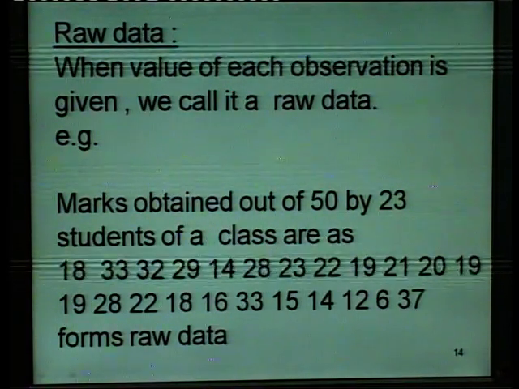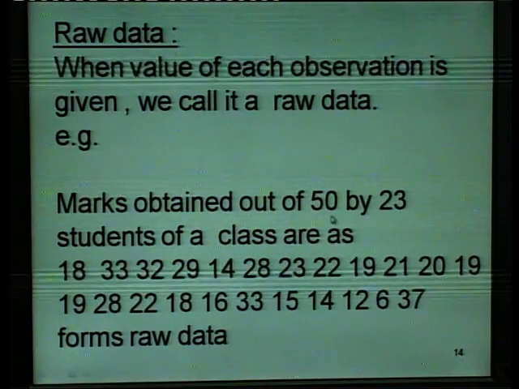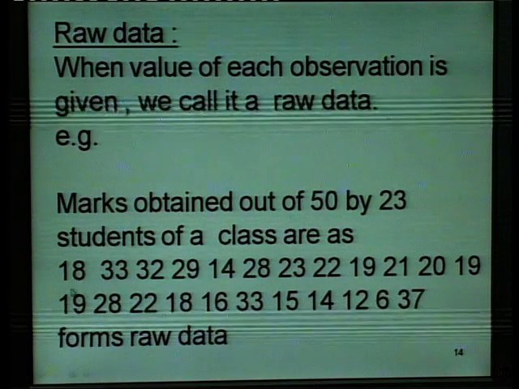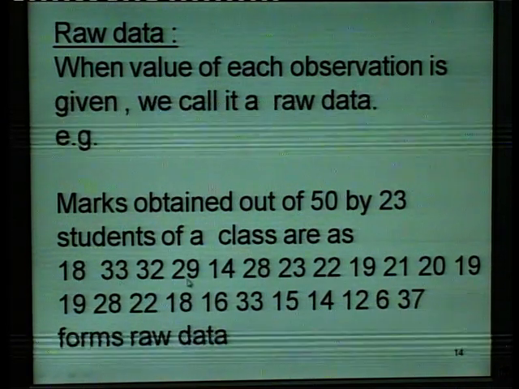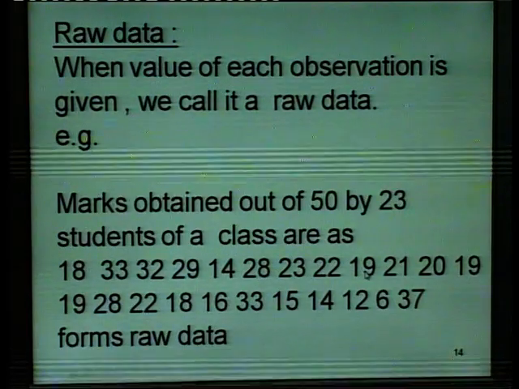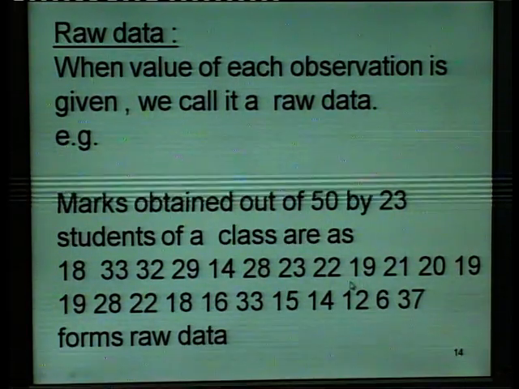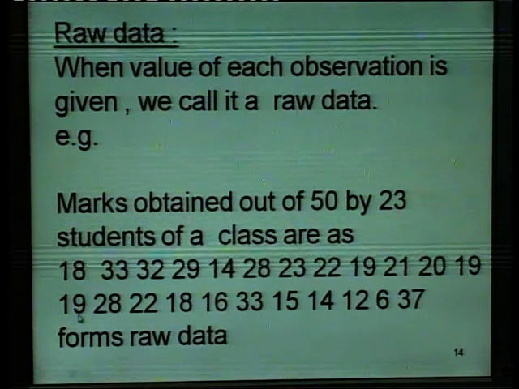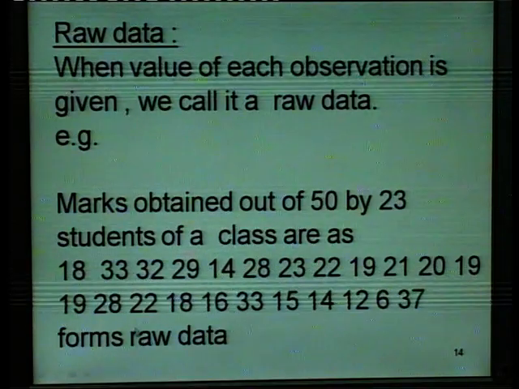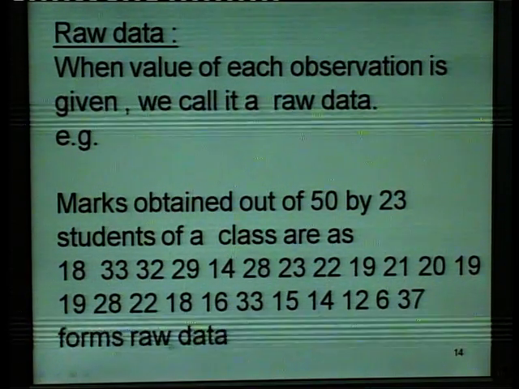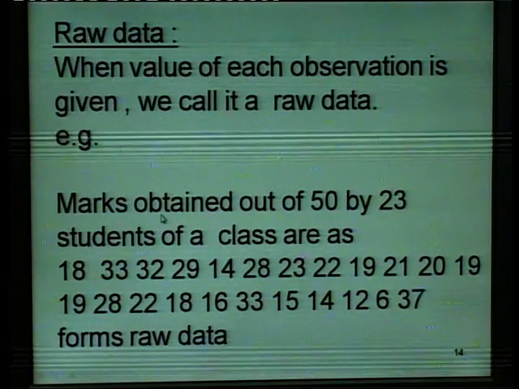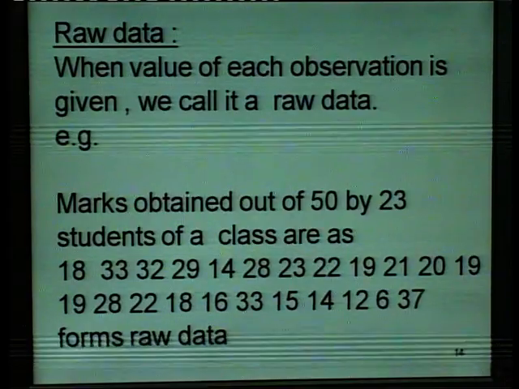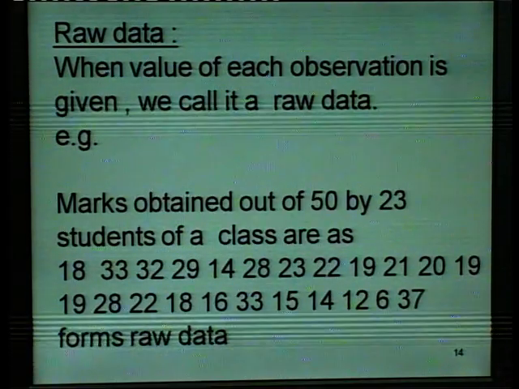So there are 23 students, total marks is 50, and roll number one has 18 marks obtained, second 33, next 32, 29, 14, 28, 30, 23. These are the marks obtained by the students. We have written marks of each student, so this forms raw data. When whole observations have values and we have collected them in the form of a series, it is called raw data.